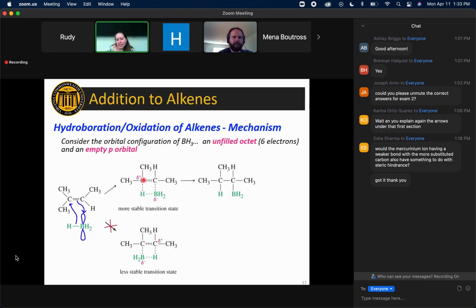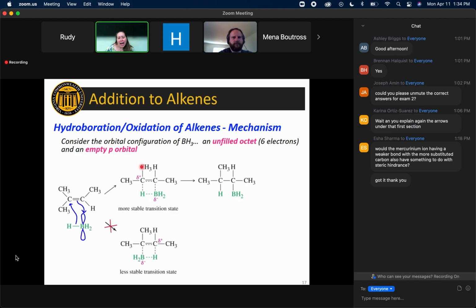And so what all of this does is put a delta positive charge on the carbon that is diagonal from the boron. So this carbon-boron bond is more made than broken, and this BH bond hasn't been broken all the way yet. So this boron has a delta negative, the diagonally opposite carbon has a delta positive, and that delta positive is what dictates the regiochemistry of BH3 addition.